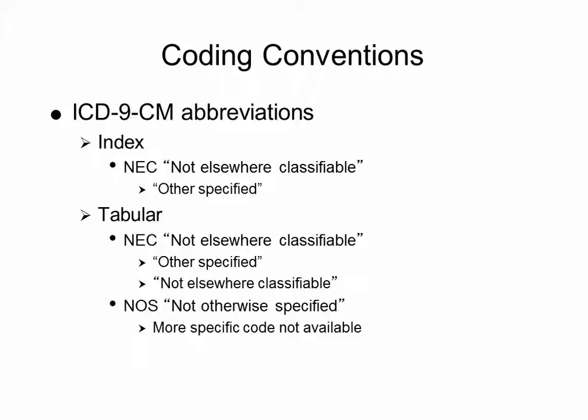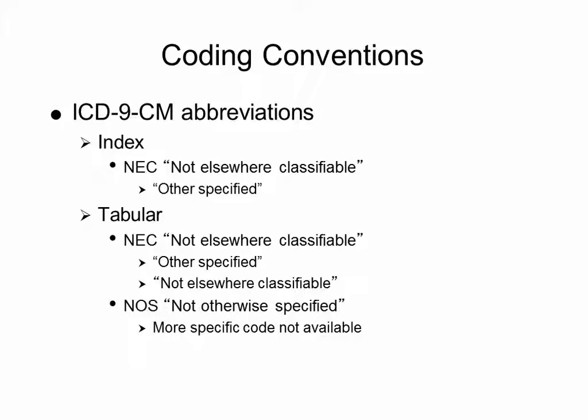Now we don't have NOS in the index, so don't get it confused. NOS is only in the tabular, and it means not otherwise specified, which means there isn't a more specific code available, but more importantly, it means that they haven't given you enough documentation to decide. So do you see the difference?